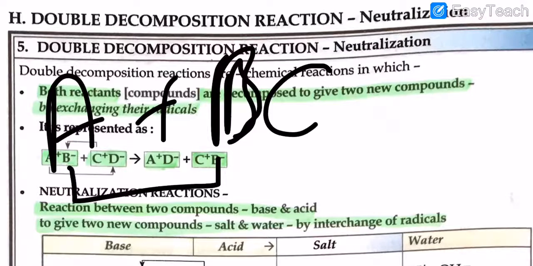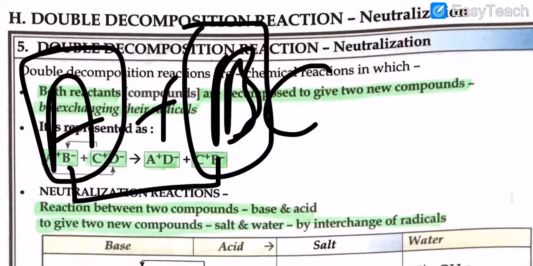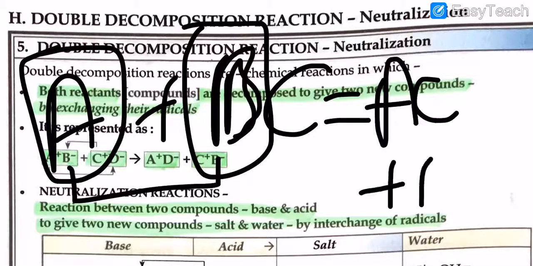Whoever has a higher position in the electrochemical series is basically displaced. So let's say A is higher than B, because let's say A is K and B is Na. So definitely K is the topmost, right? It has the most power of all. So it can displace B with A, and therefore your total answer becomes AC plus B.